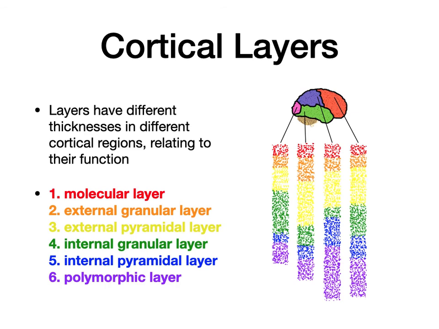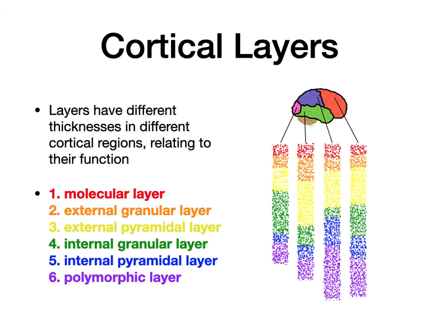So you see that these layers exist in every part of the brain, but they have different densities and different distributions of what their neurons and structures are like.